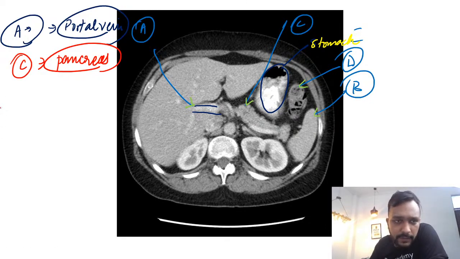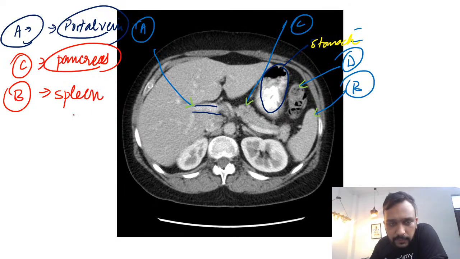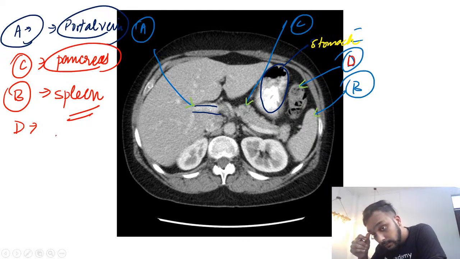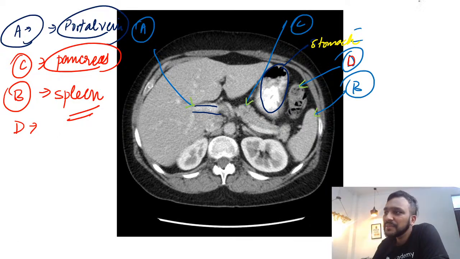And the structure labeled as B is your spleen. And the structure labeled as D in this image, anyone? What is the structure labeled as D in this image?